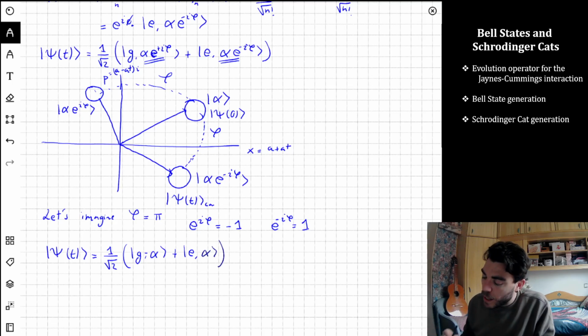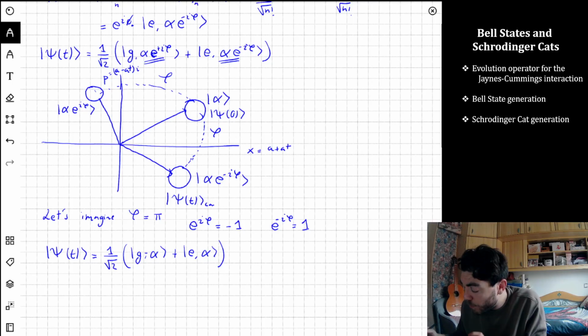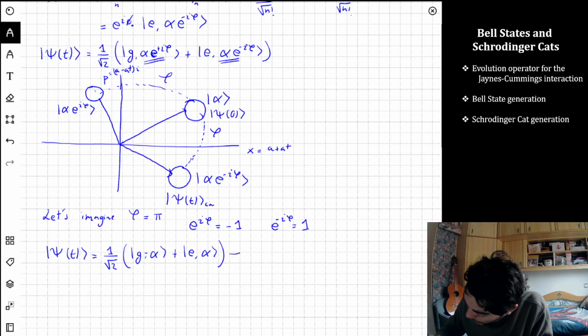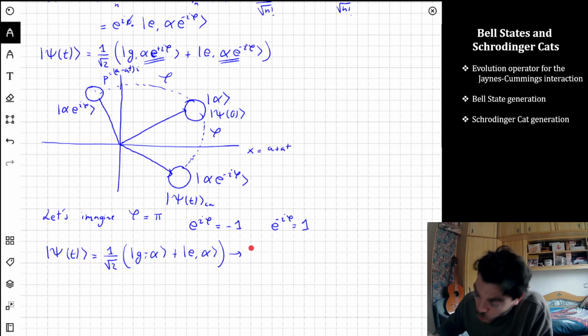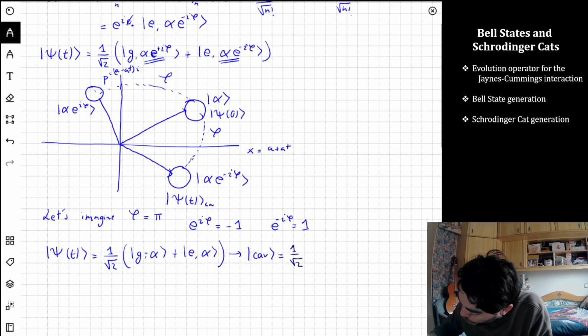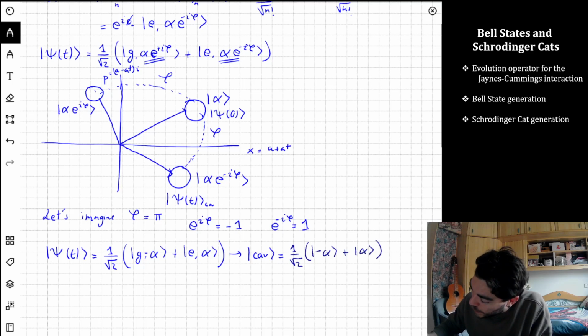So if we forget about the atom, we don't care where the atom is, we just leave the atom away, then the cavity, this is technically called trace out the other system. We just look at what happens to the cavity, what is the quantum state of the cavity. Then the cavity is in a state which is 1 over square root 2, in a quantum superposition between minus alpha and alpha. And this is exactly a cat state, right?